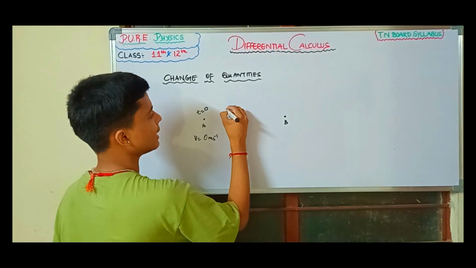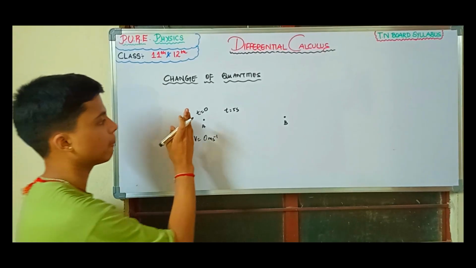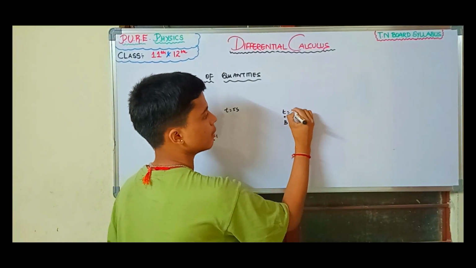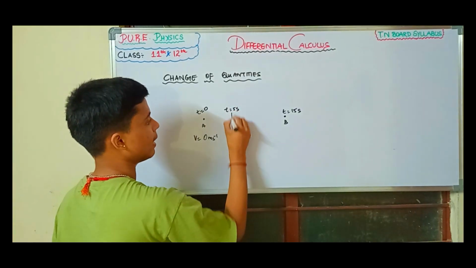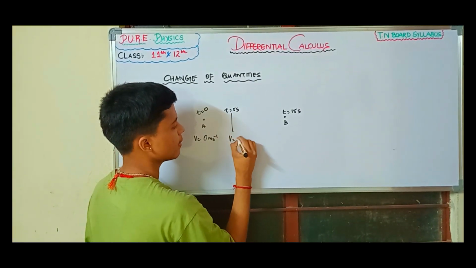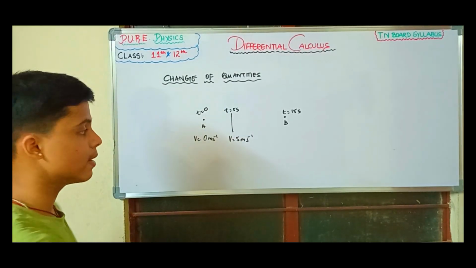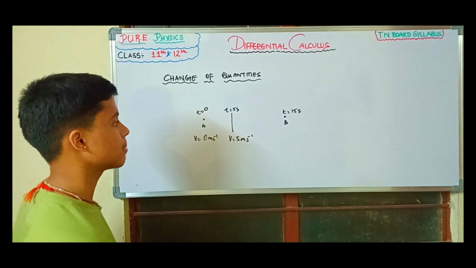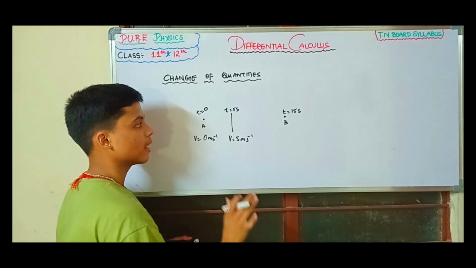And at some point, t equal to 5 seconds, the time taken to reach from point A to point B is 15 seconds. Let me take it as 15 seconds. Then my velocity of the car at time 5 seconds is 5 meter per second. This is just an assumption. The value of velocity is just an assumption, because at point A the car is at rest.